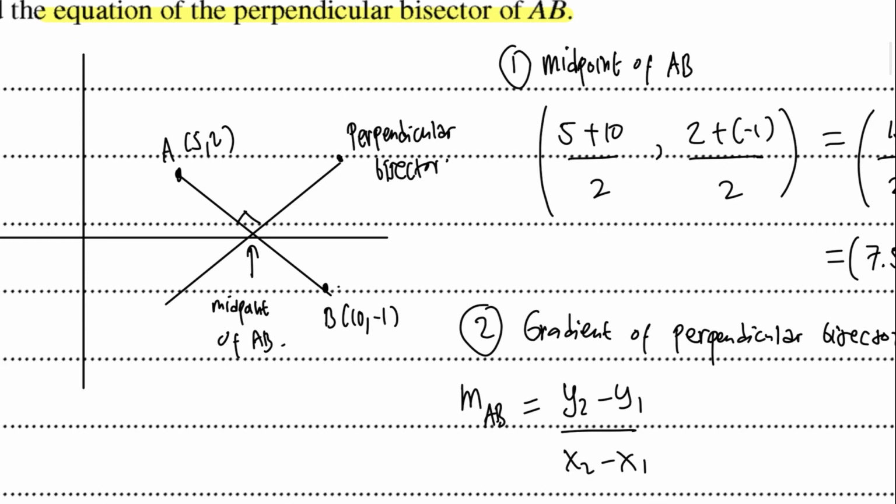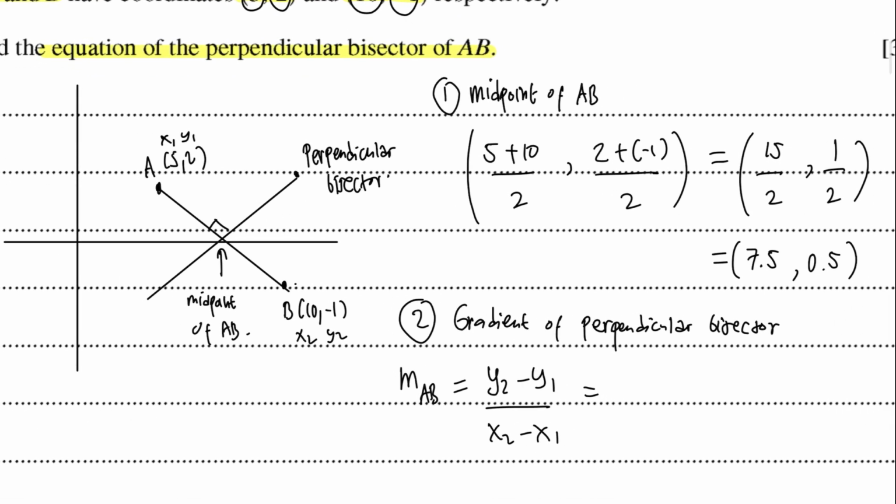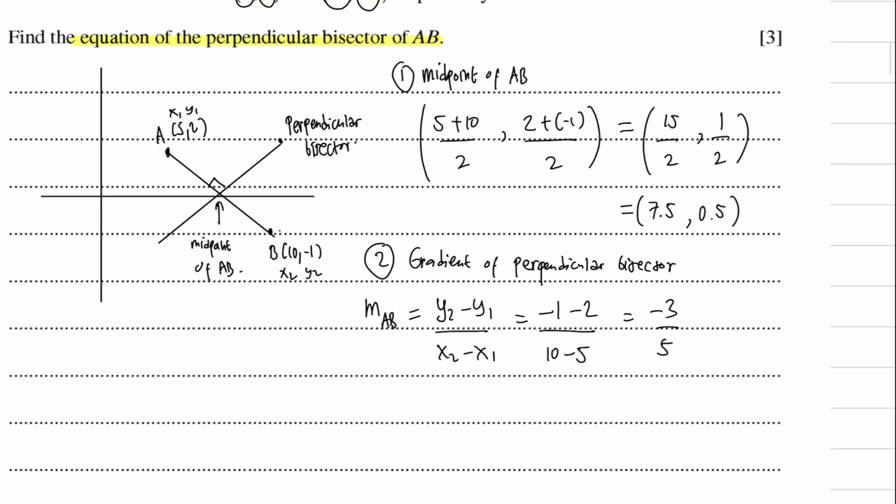So let's say this is x1, y1, x2, y2. Just substitute. We get (-1 - 2) over (10 - 5), and then we will get -3 over 5. So the gradient of the perpendicular bisector will be -1 over the gradient of AB. So we will get -1 over (-3 over 5). You will get 5 over 3.